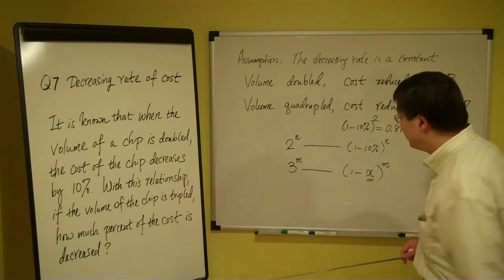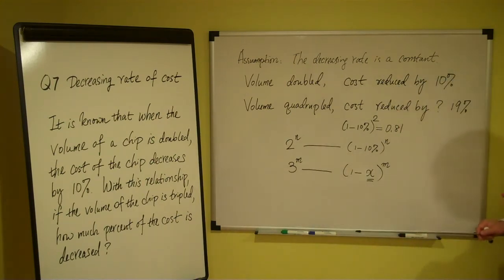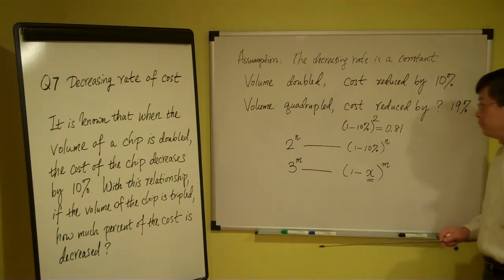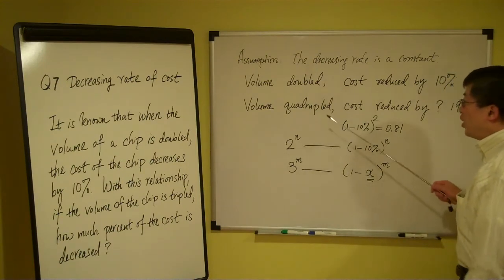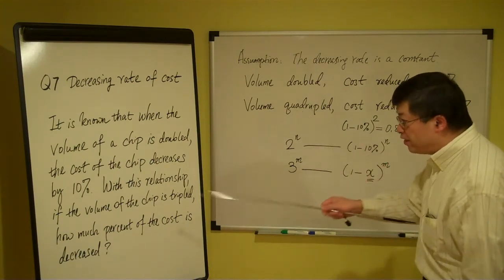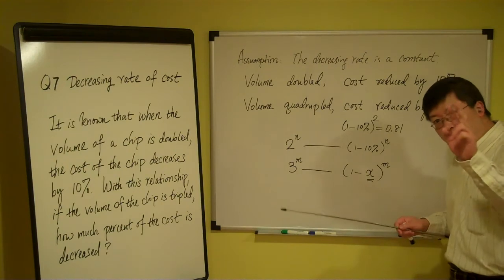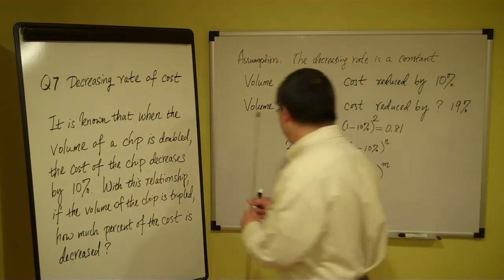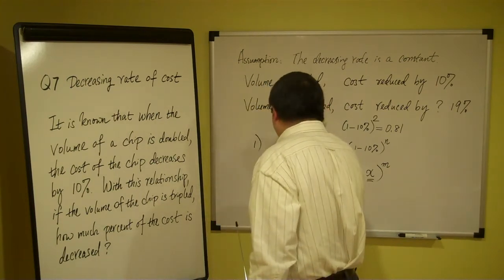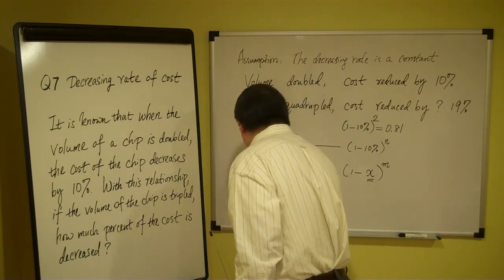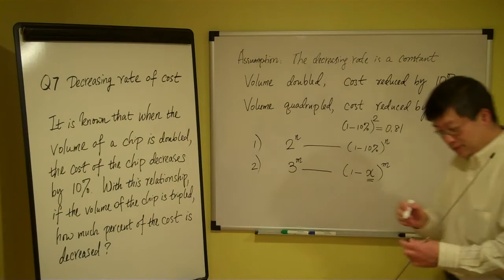So now the next step is much easier. Let's say we change the volume of this trip using two different ways. The first way, double n times. The second way, triple m times.